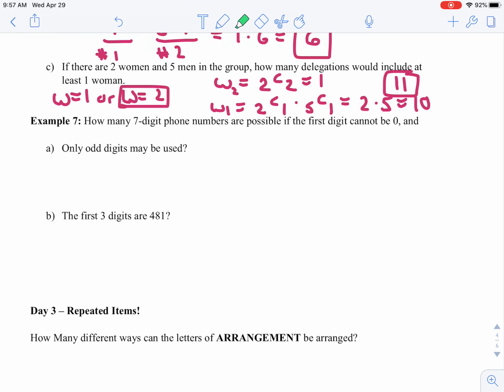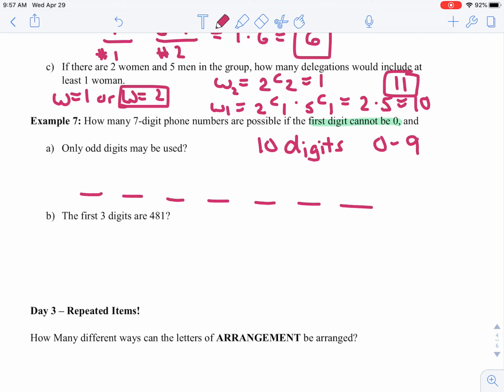Okay, our last one here. How many 7-digit phone numbers are possible if the first digit cannot be 0? So if you think about digits, there's usually 10 digits, going from 0 to 9. And a lot of times when you hear these phone number problems, you're going to be looking at the slot method with 7 spaces.